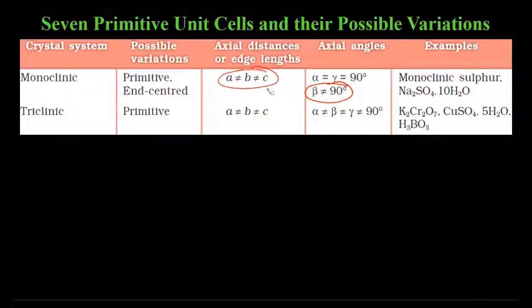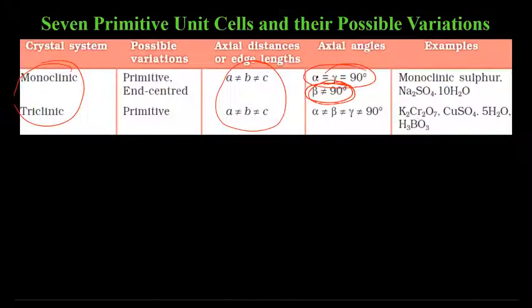So on these last two, monoclinic and triclinic, it is the same. In triclinic, nothing is equal and nothing is equal to 90 degrees. No angles are 90 degrees. What is the change in monoclinic? The only change is beta is not equal to 90 degrees, but the rest of the two, alpha and gamma, are 90.